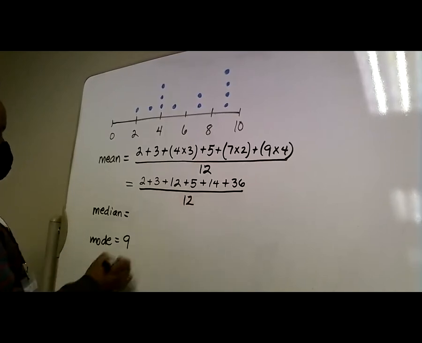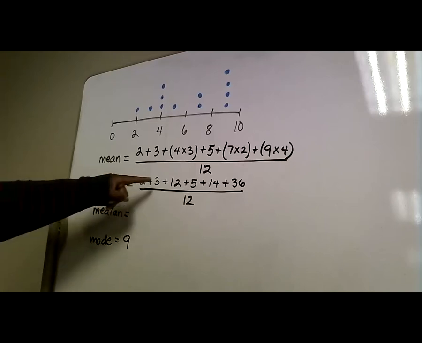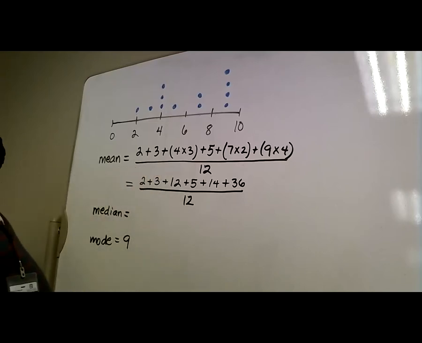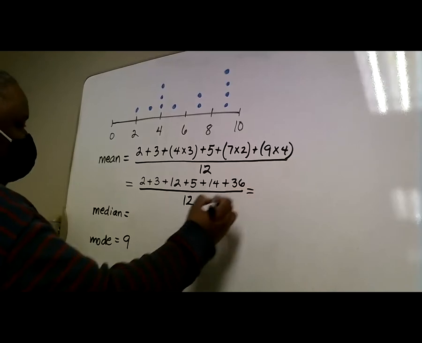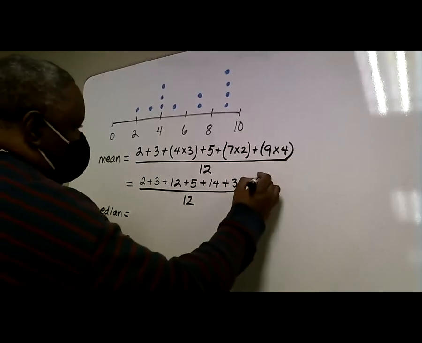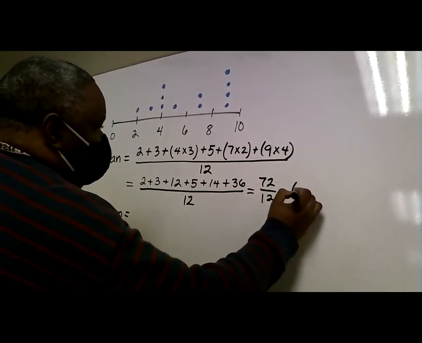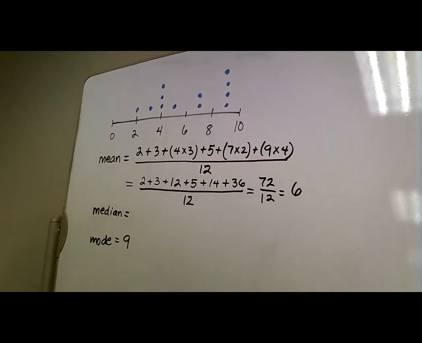And that whole thing is divided by 12. So if we were to add all those numbers in the numerator, what would we get for a sum? 72. That'd be 72. And what's 72 divided by 12? 6. That'd be 6. So the mean of this data set would be 6.